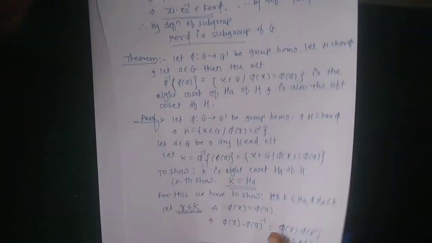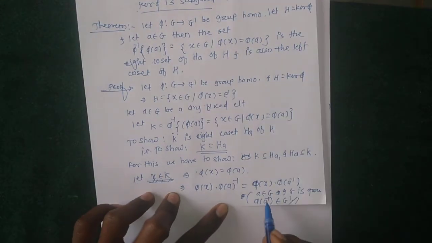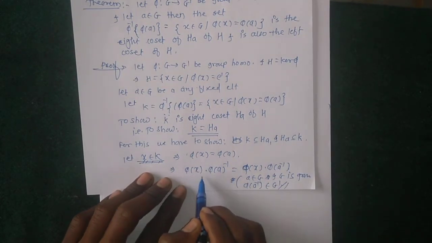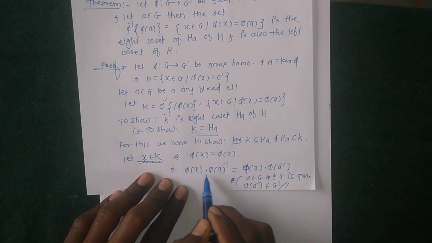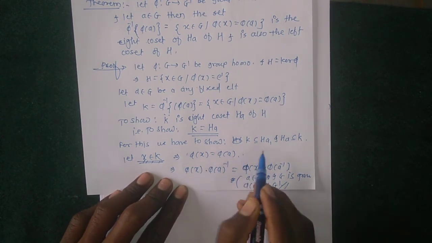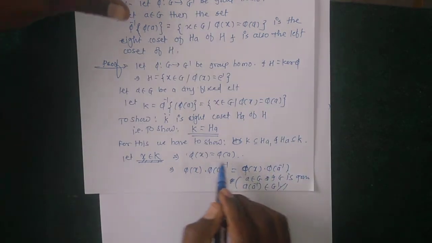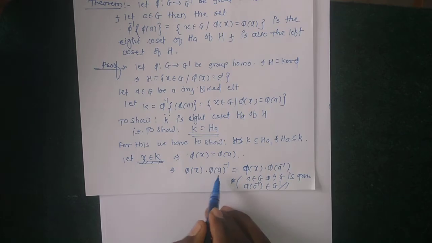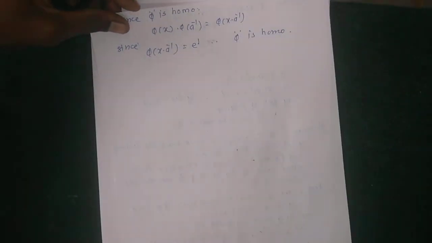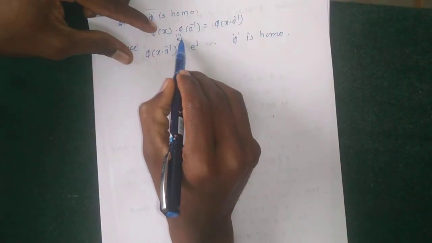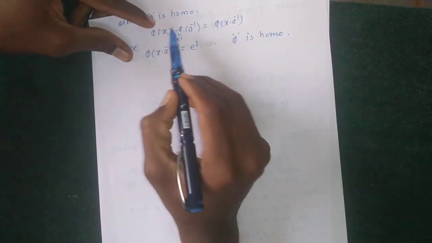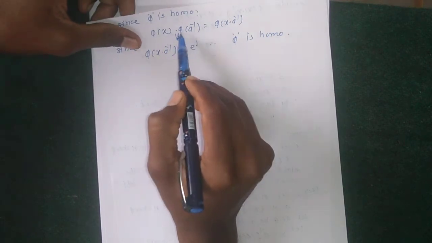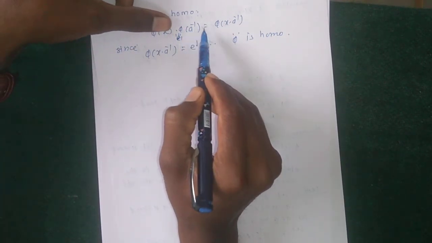Because their value phi of x into phi of A inverse equal to identity, because phi of x and phi of A inverse are inverse of each other, which implies that their values must be identity, because phi of x is the image of x, and phi of A inverse is the image of A inverse.